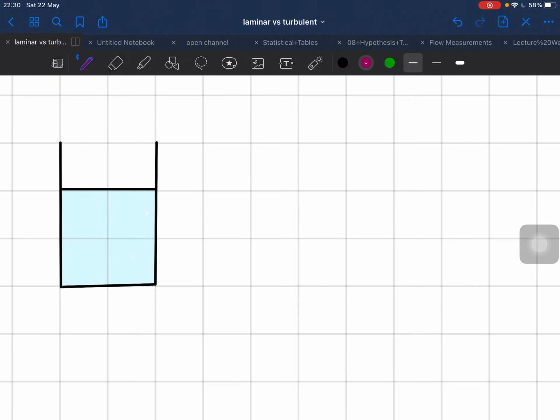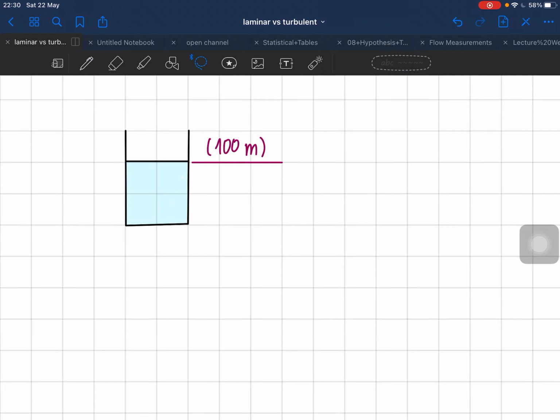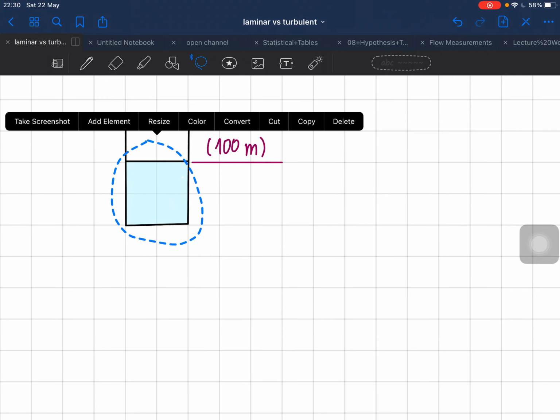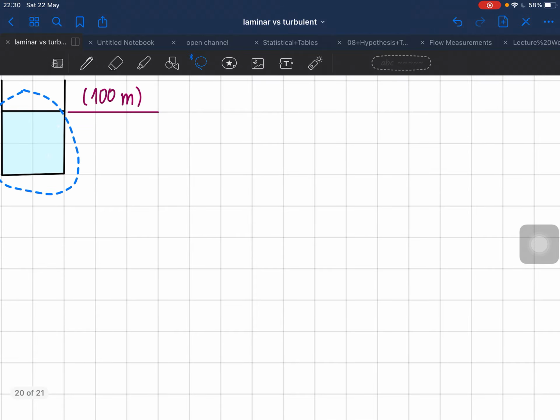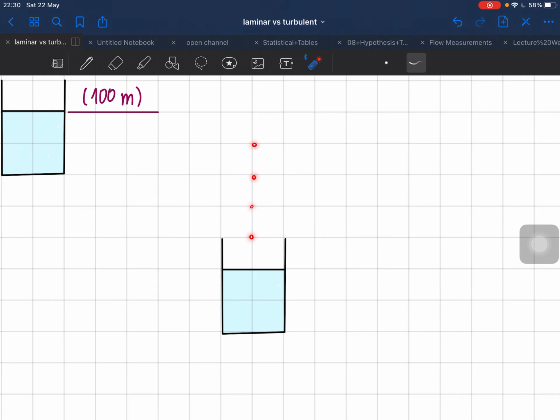So this would be the surface level, and the surface level is 100 meters. If this is 100 meters, should I write it like this? Okay, I'll just copy and paste. This time I'm a little bit smart. It is lower than this one by about 5, so 1, 2, 3, 4, 5. Perfect.